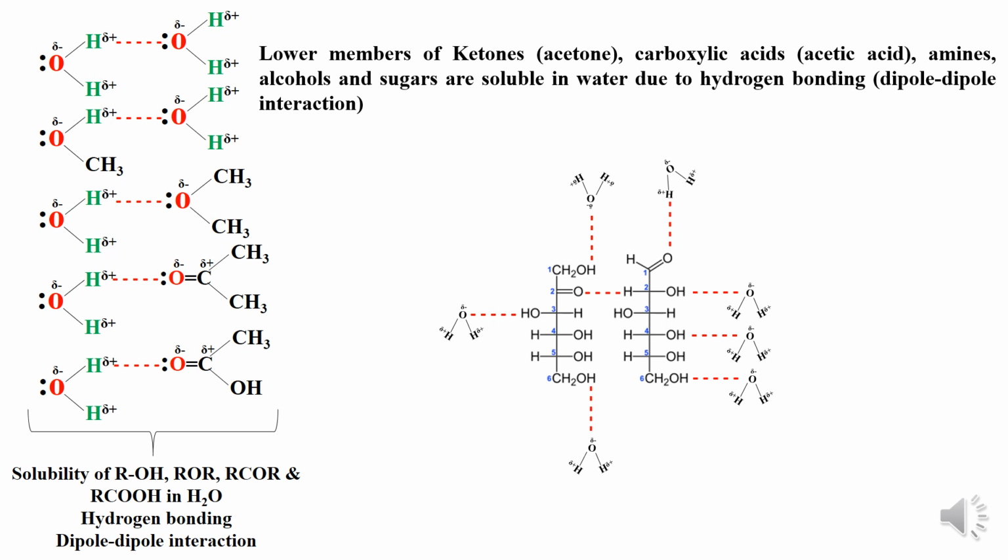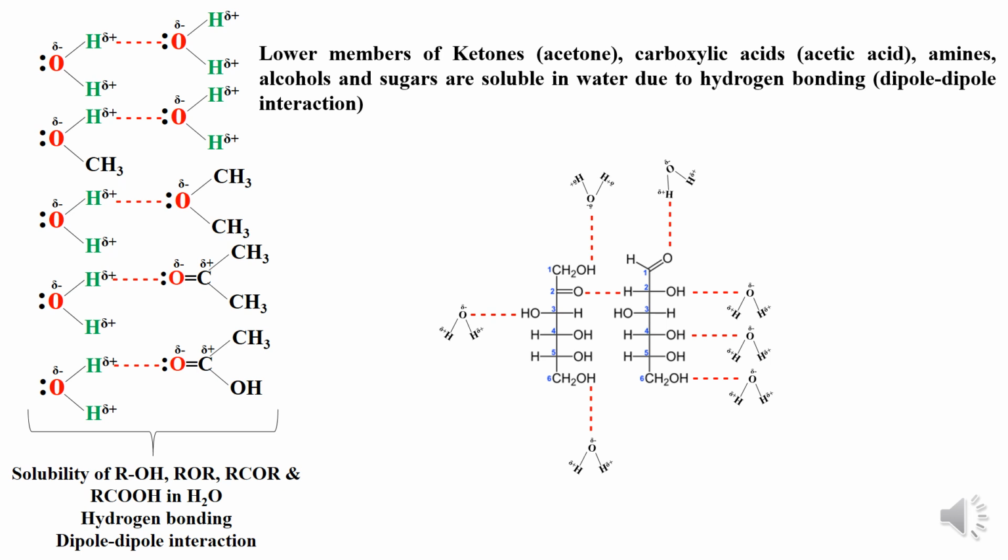Now carbohydrates, also called as sugars, are soluble in water, again due to hydrogen bonding. But in case of sugars or carbohydrates, you will find that there are multiple hydrogen bond formation because carbohydrates are polyhydroxyaldehydes or polyhydroxy ketones.